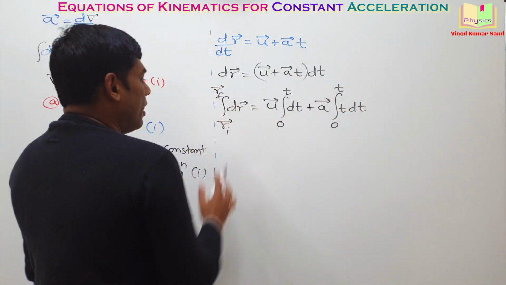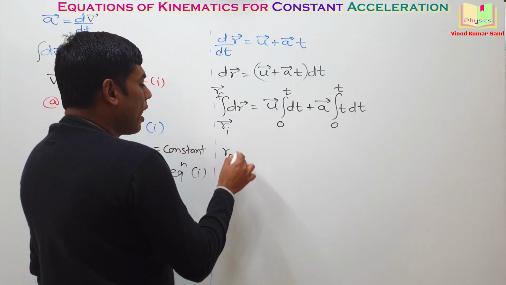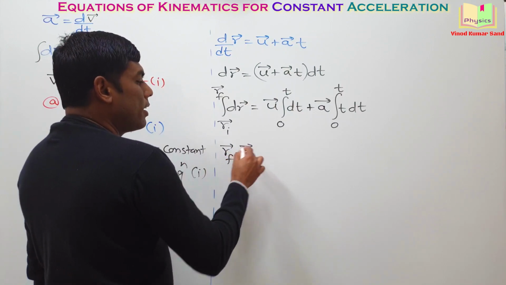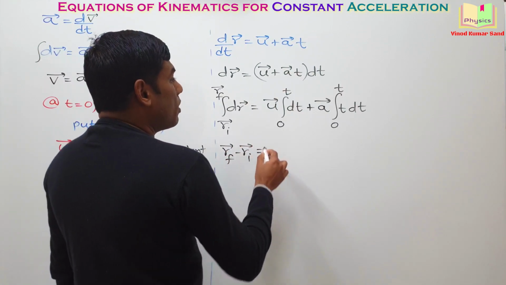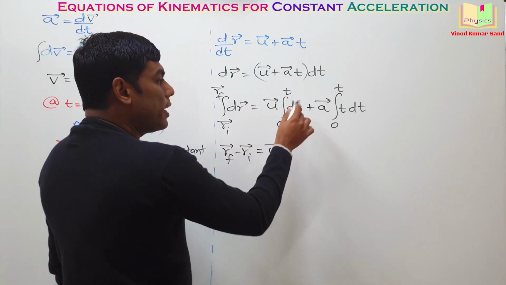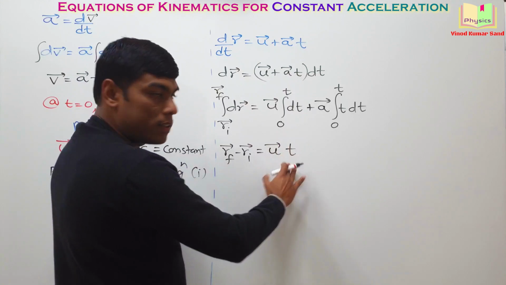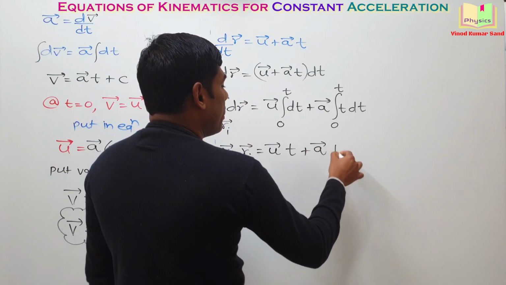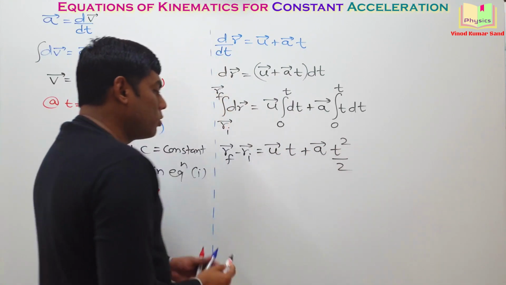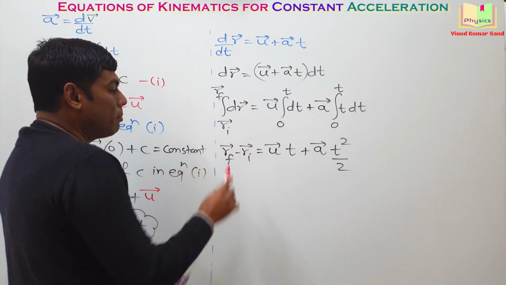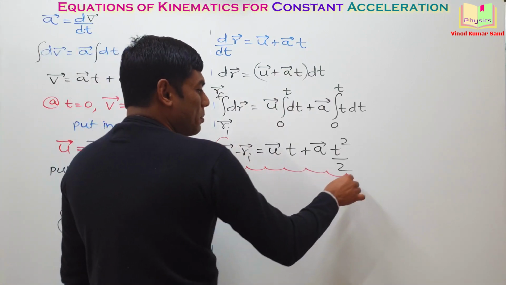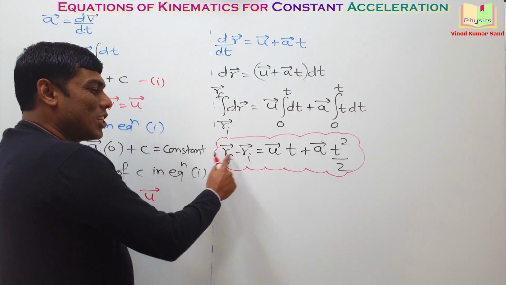Fine. Let us integrate it. This will be r final minus r initial is equal to u integration dt. When you simplify it, the result here will be ut plus a t square by 2. This r final minus r initial, do you remember something? Change in position.